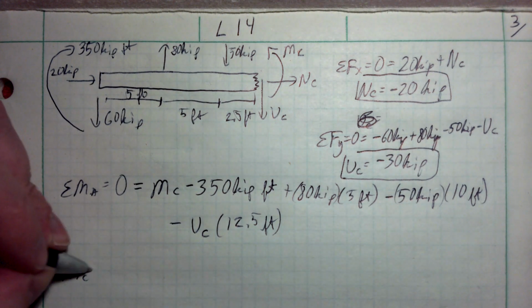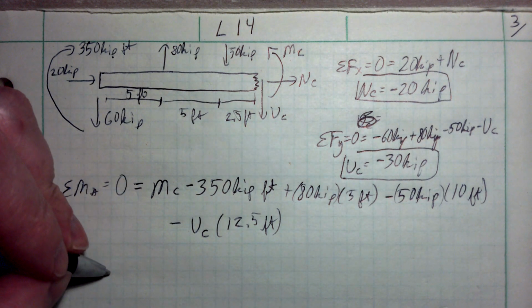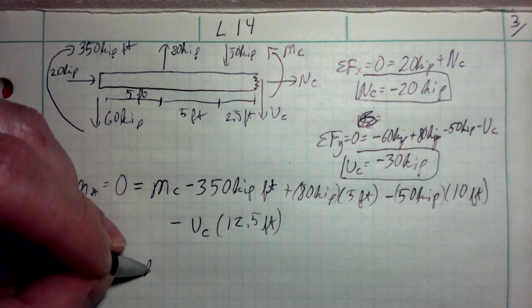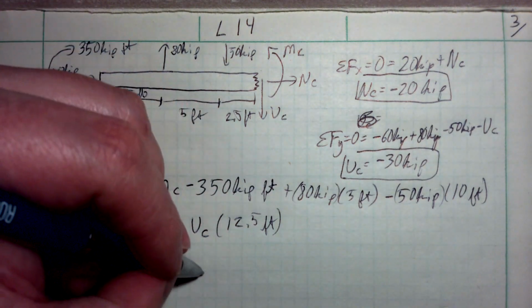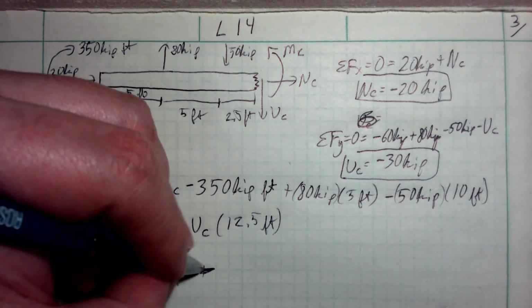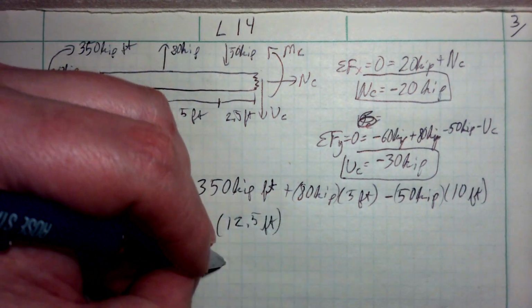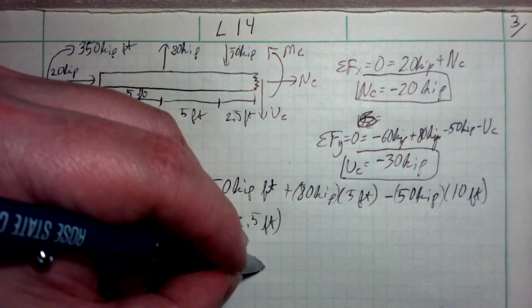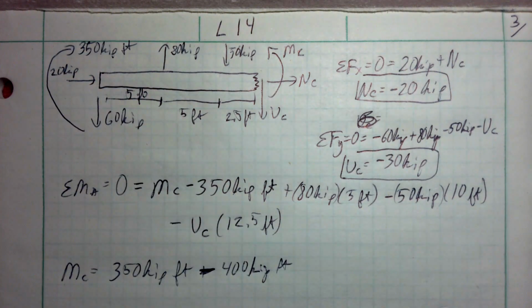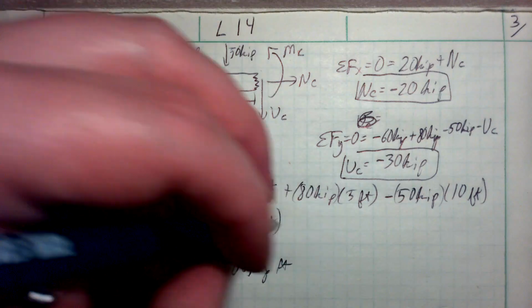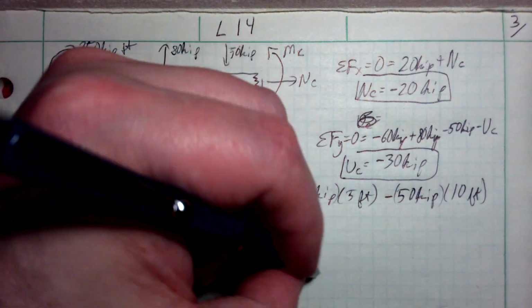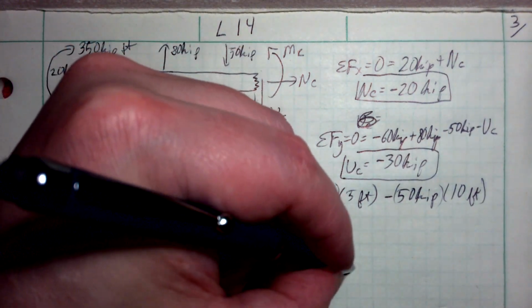So MC is going to equal positive 350 kip feet, minus 80 times 5, which is 400 kip feet, if I'm doing that right. The 50 is going to pick up a positive sign when I move it to the other side of the equation, so it causes a positive 500 kip feet.